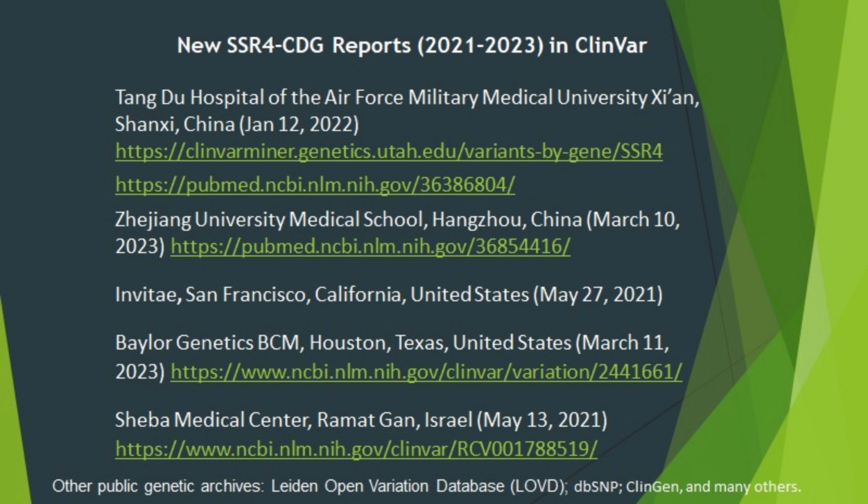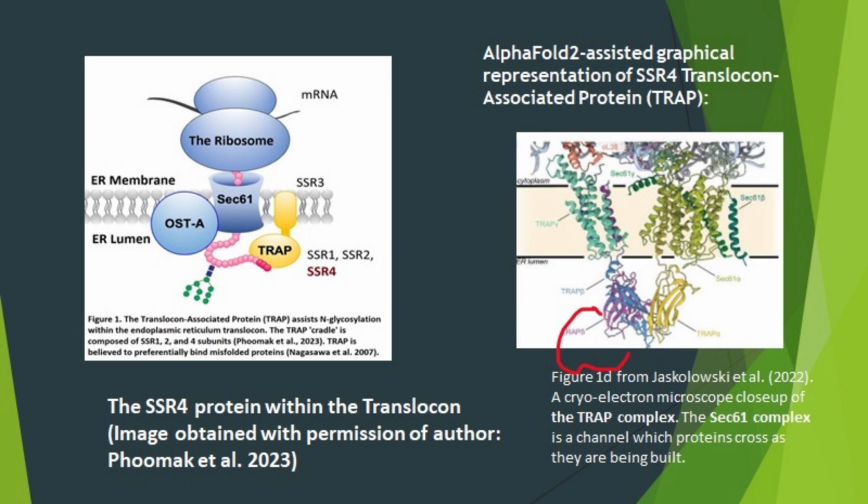We see that there are 2 boys identified in China, 1 in California, 1 in Texas, and 1 at a medical center in Israel. The dates represent when the variant was reported or updated. SSR4 CDG is a growing community with new patients being diagnosed each year. Hopefully, this fact will encourage research scientists and clinicians to study SSR4 CDG.